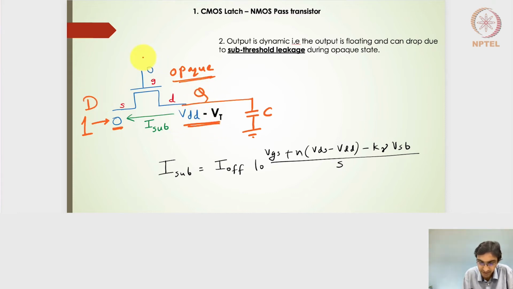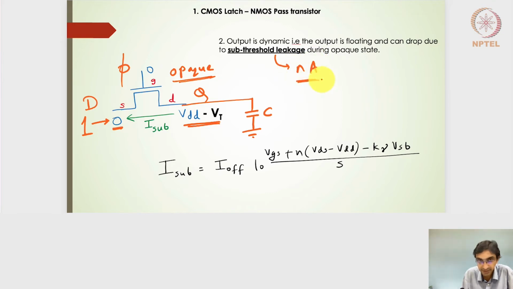So let's say this is the input, and then this is the clock. The clock is at 0, that means it's an opaque state, so the output should be retained irrespective of the changes at the input. Even if the input changes here, the output should not change, but rather what happens is, due to the subthreshold leakage current, which will be in terms of nanoamperes, because the 0 volts applied at the gate side falls into the subthreshold region, that is below the VT, there will be some kind of leakage current possible from drain to source side.